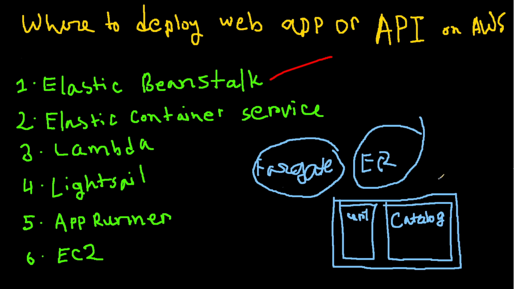Now, each service can have multiple tasks. In this case, each task is a container. So let's say you have a service that needs to scale up. You can deploy multiple containers or instances of that single service, and that would be the tasks. So each service can have multiple tasks.